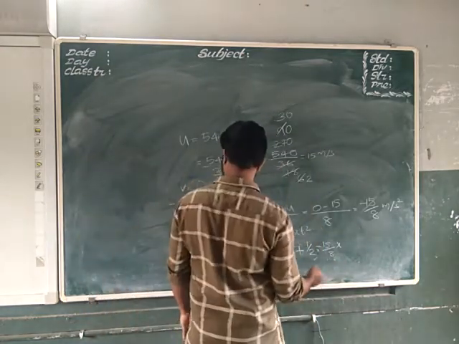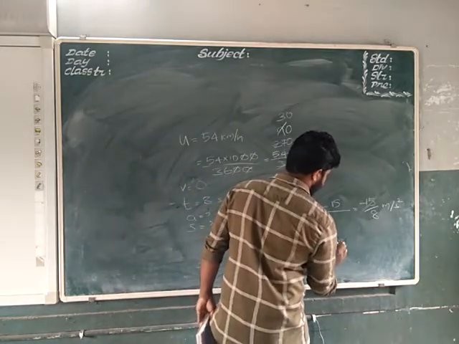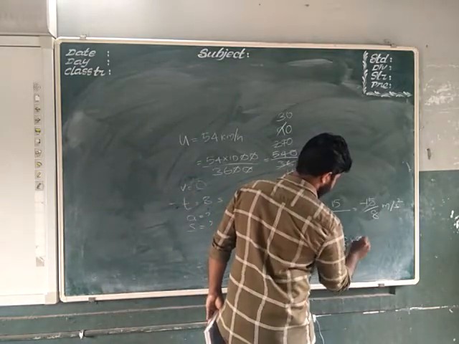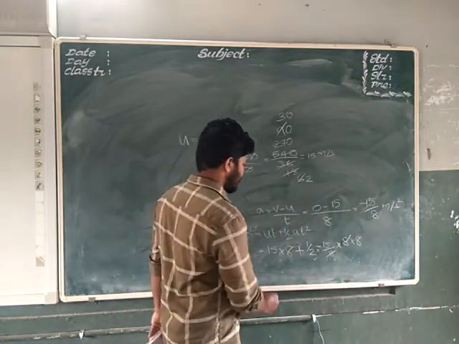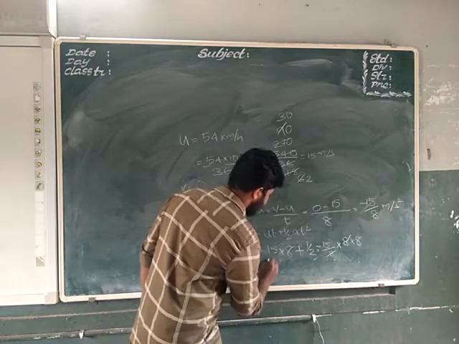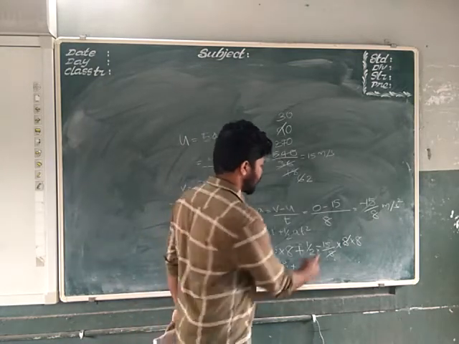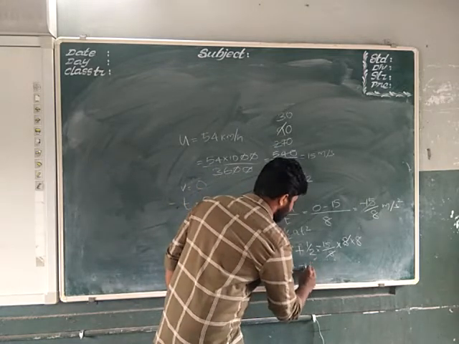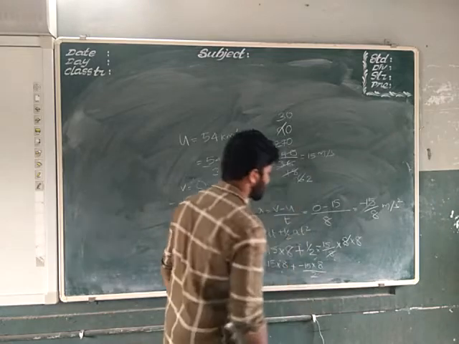T is 8 into 8, half 8t square. 8 into 8, 64. Let us write 8 into 8 itself. So we can cancel one 8, isn't it? So here it becomes 15 into 8 plus minus 15 into 8 by 2.